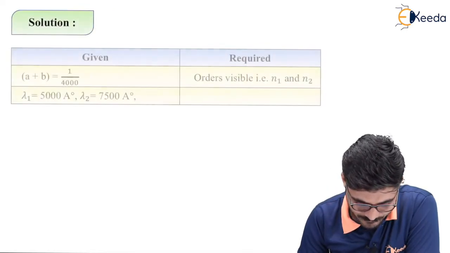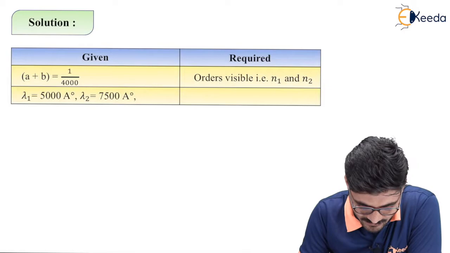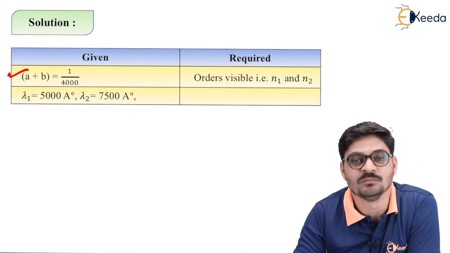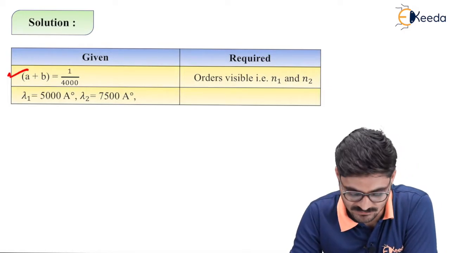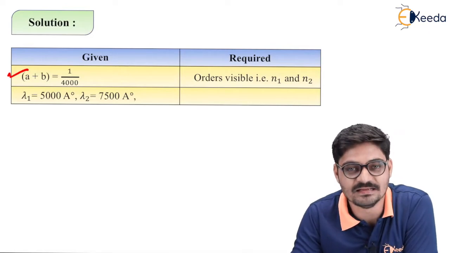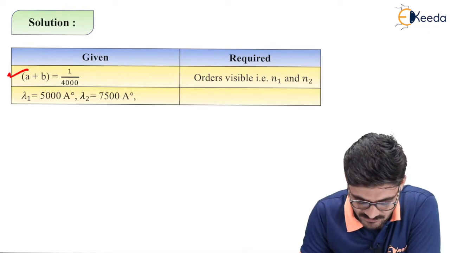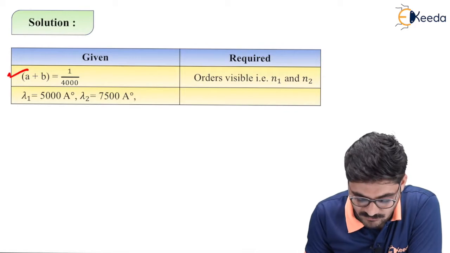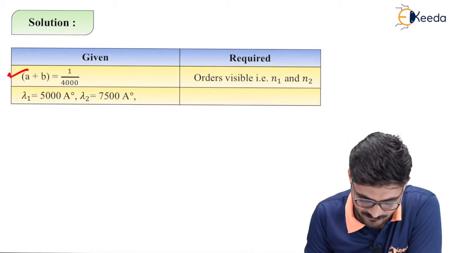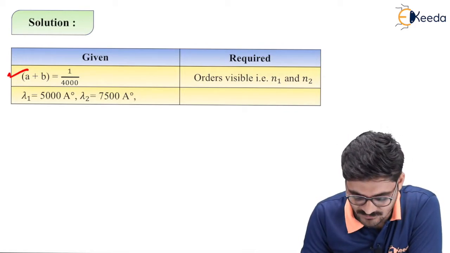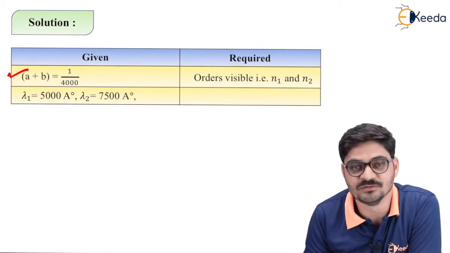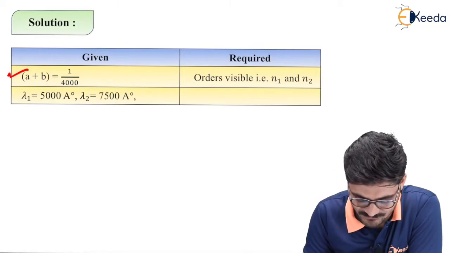What is the given data? The number of lines per centimeter is nothing but the grating element a plus b. So a plus b here is 1 upon the number of lines per centimeter, and then lambda 1 is 5000 Armstrong, lambda 2 is 7500 Armstrong.